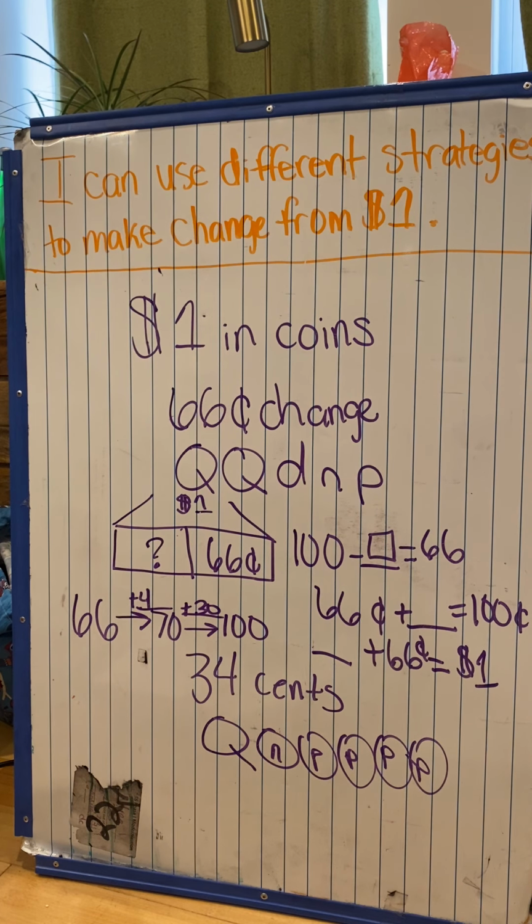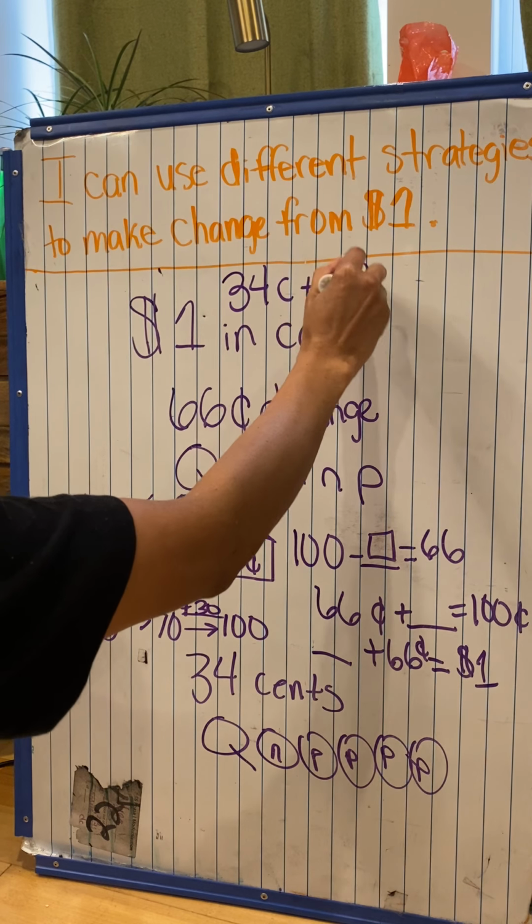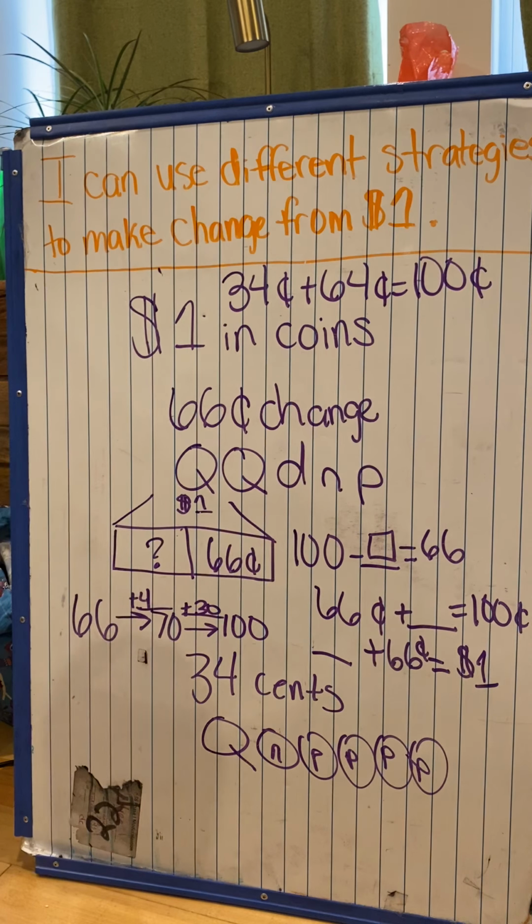So 66 plus 4 makes 70, and then a nickel makes 75, and then another quarter makes $1. So does 34 cents plus 66 cents equal 100 cents? Is this statement true or false? Yes, it is true. And 100 cents equals $1.